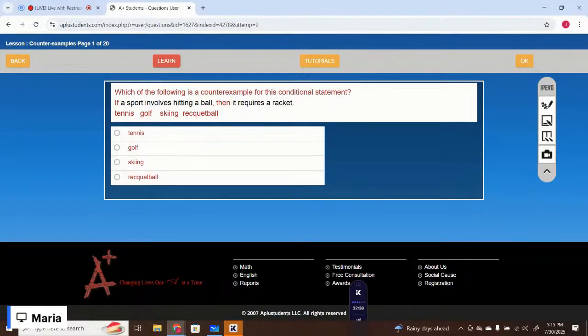Which of the following is a counterexample for the conditional statement? If a sport involves hitting a ball, then it requires a racket.